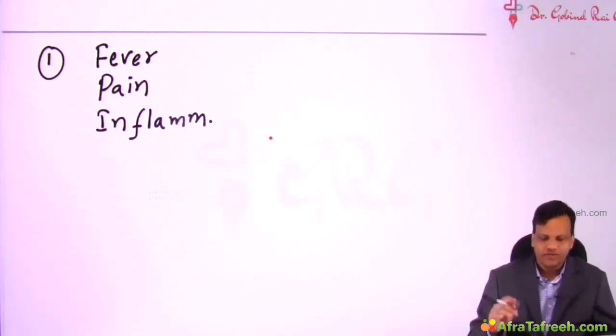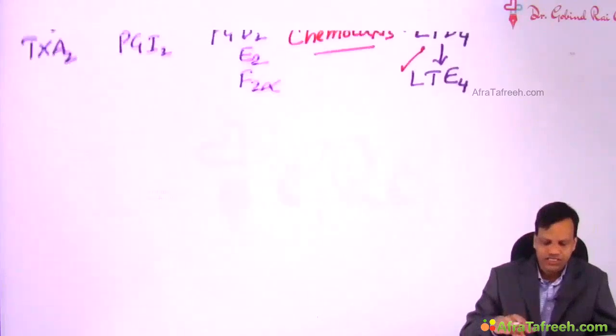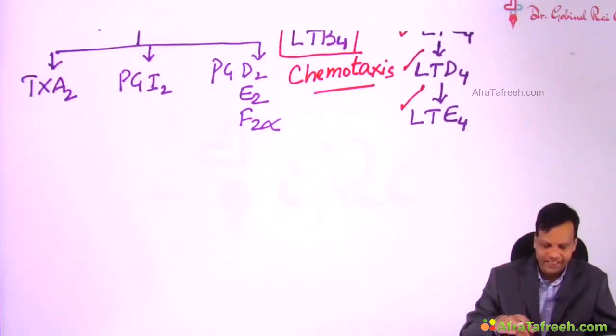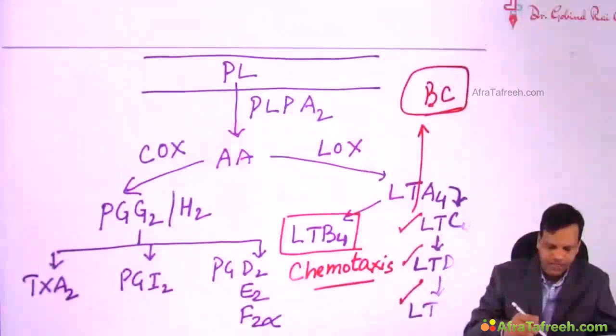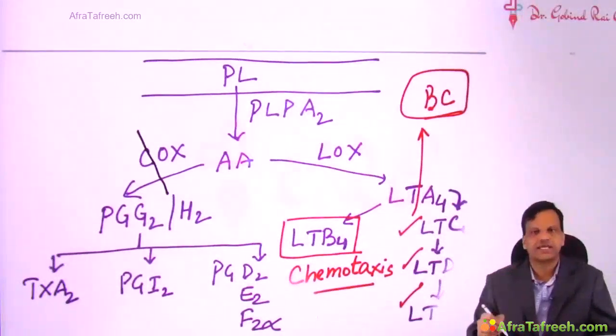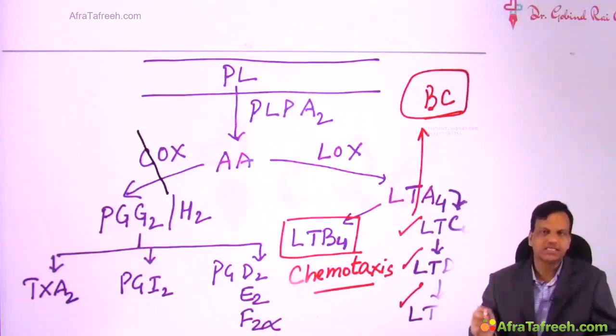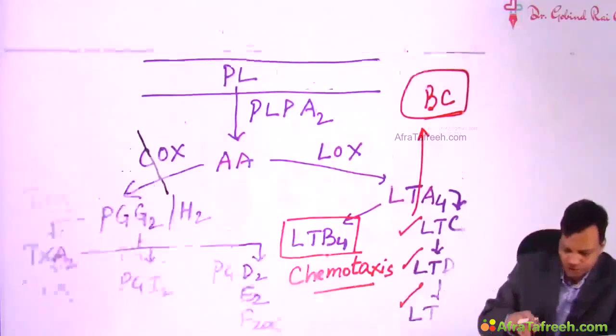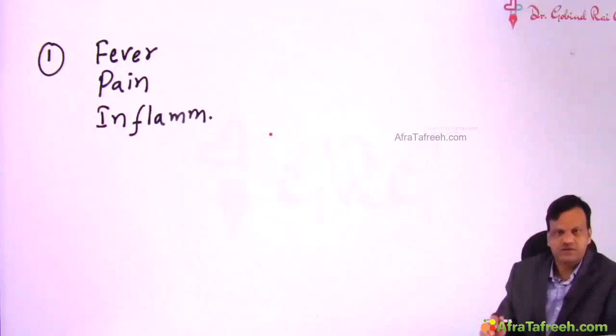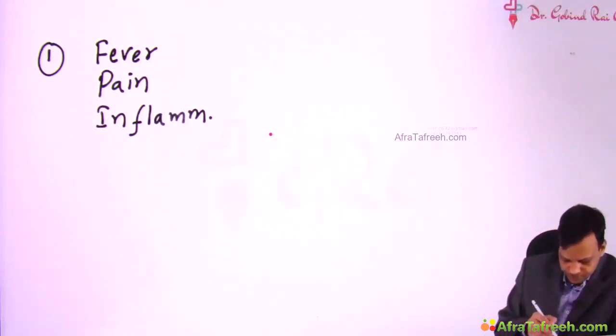That's why if we inhibit the cyclooxygenase enzyme by drugs like aspirin, we can get antipyretic, analgesic and anti-inflammatory effects.